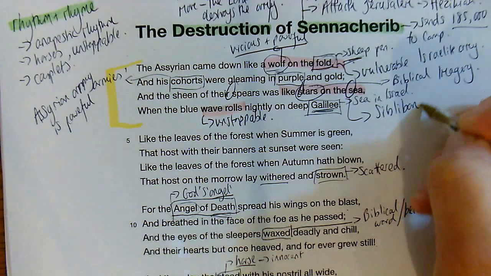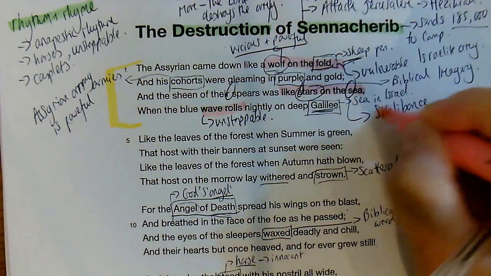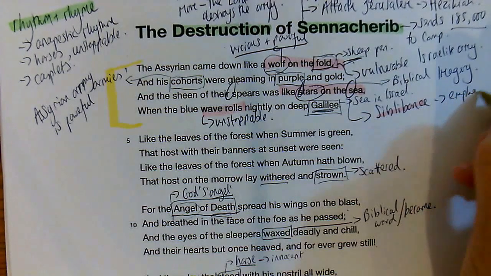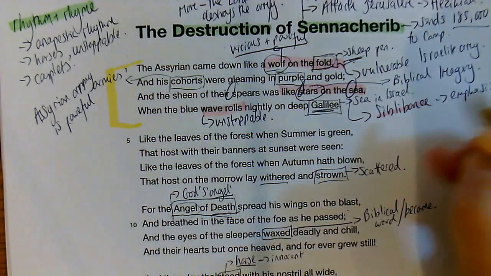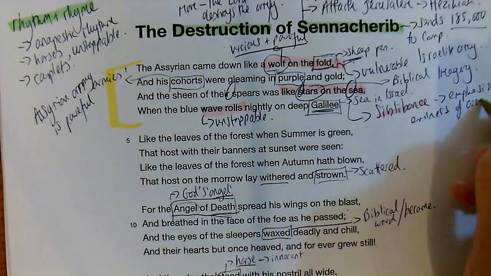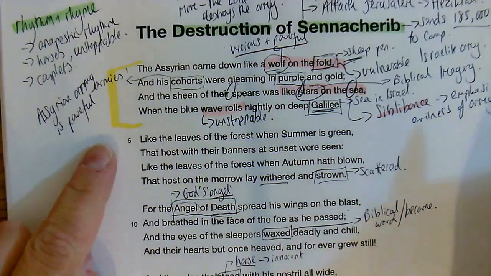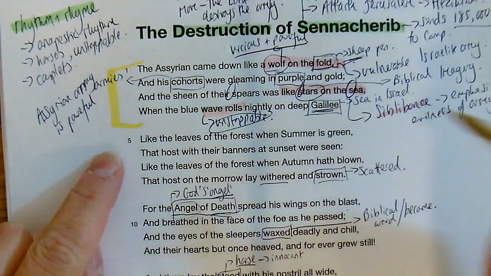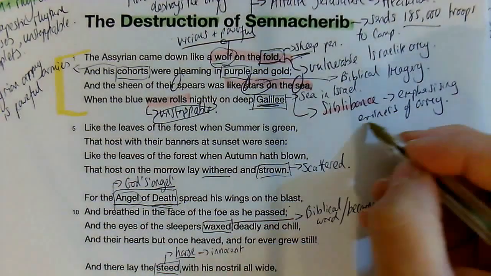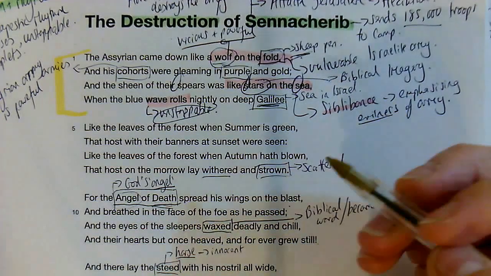Sibilance, when you think about that technique that's being used there, Byron is emphasising the evilness of the army. So not just that the army is powerful, they're not going to be stopped, but also that they are somehow evil because of this sibilance being used.